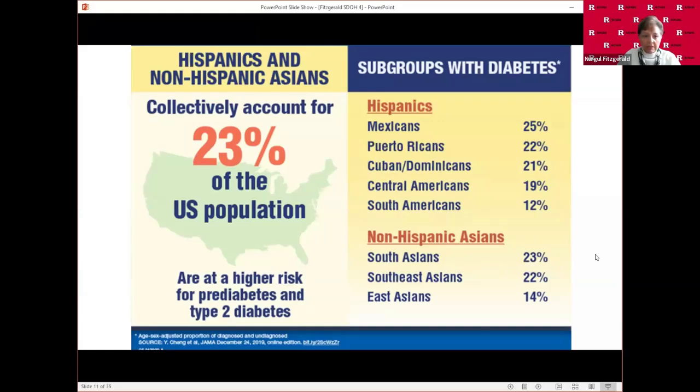So we have large segments of the population, 23% of the US population, that Hispanics and non-Hispanic Asians account for. And they are, as you can see, at a higher risk for diabetes. So it is definitely a public health issue that we need to pay attention to and address.